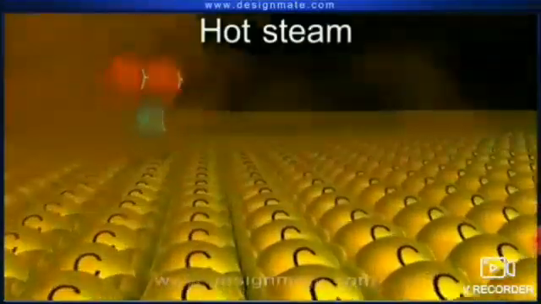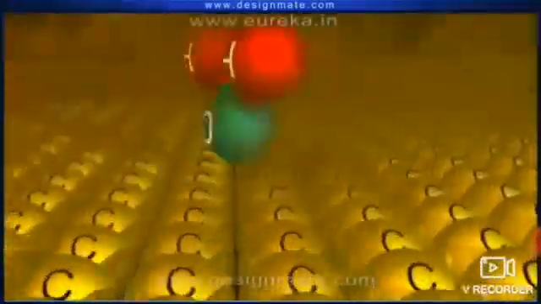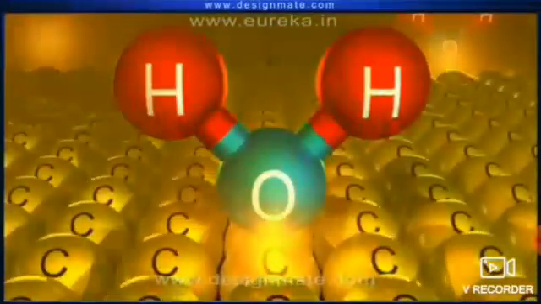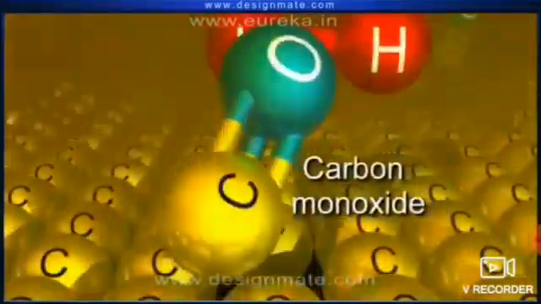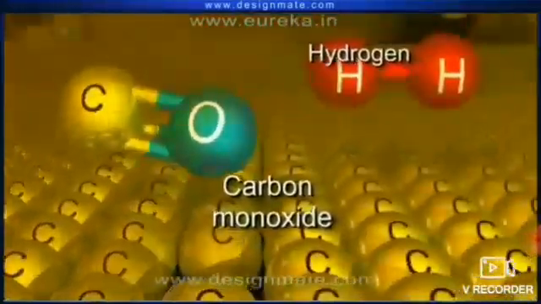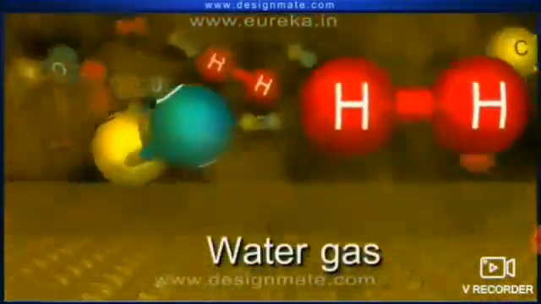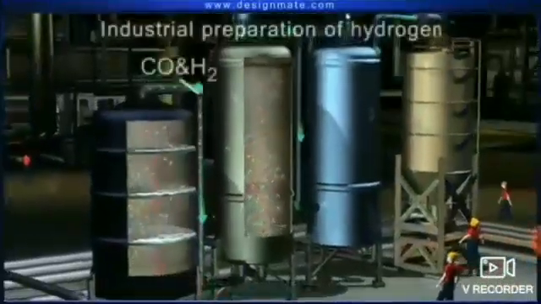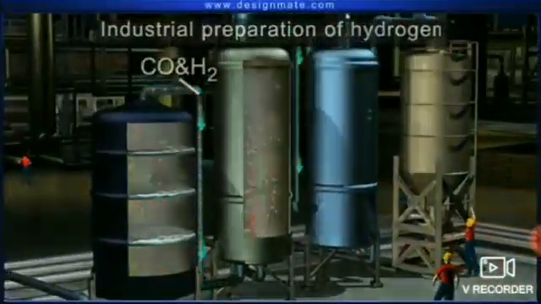When hot steam is passed over coke, carbon in the form of coke reacts with water vapors to form a mixture of carbon monoxide and hydrogen, which is called water gas. It is also used in the manufacture of hydrogen gas.